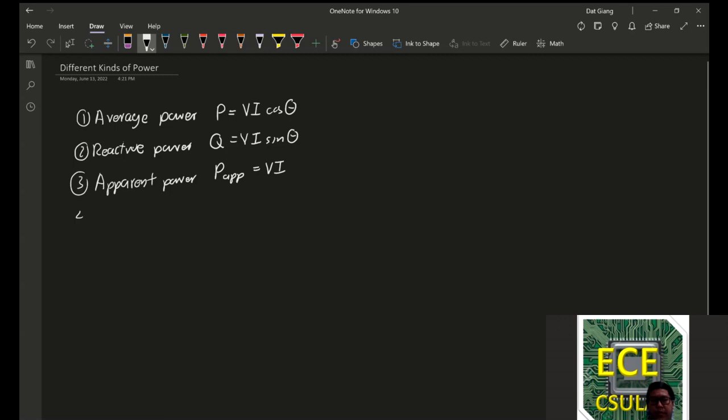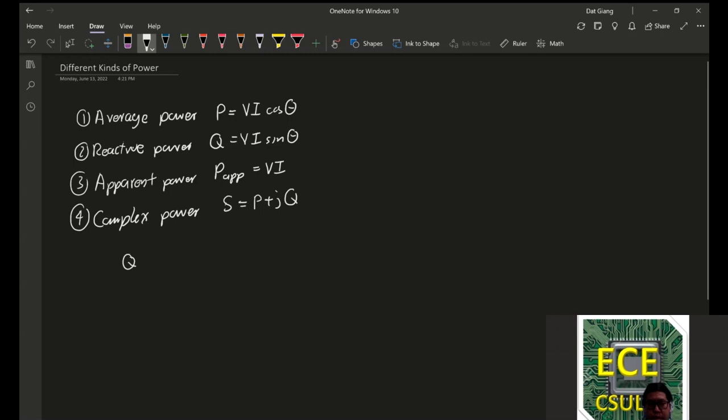The combination of the two gives us complex power, which is S equal to P plus jQ. Now note that within this, there are other things we can derive.